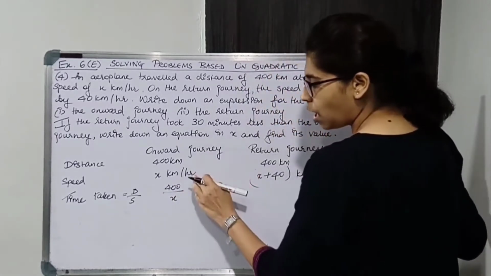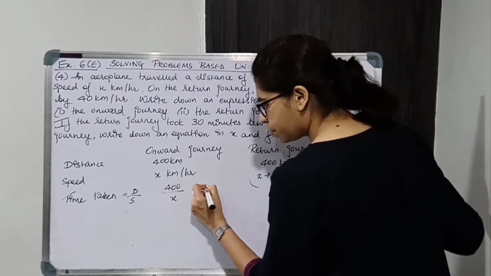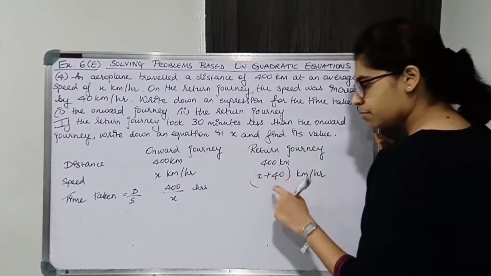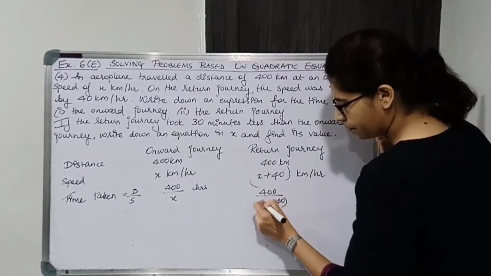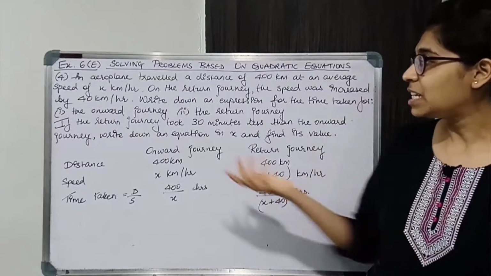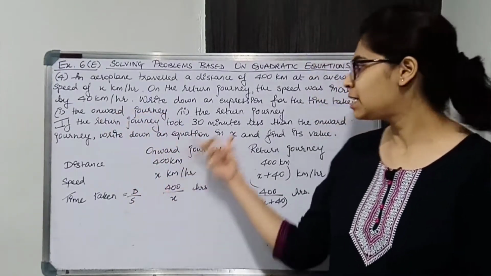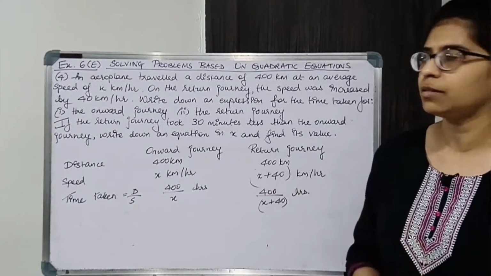Time will be in hours. Here kilometres per hour is given, so the unit will be hours over here. Here same thing, 400 upon x plus 40 hours again. So it's very easy. First part also we'll get easily, second part also we'll get easily. We got the time taken.